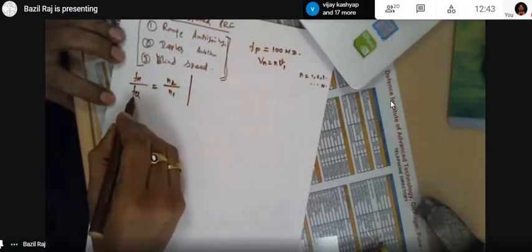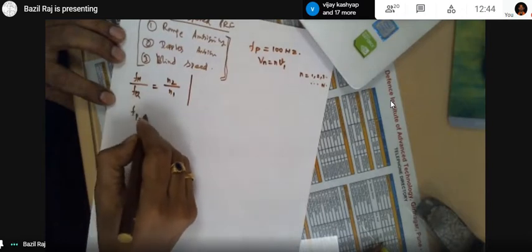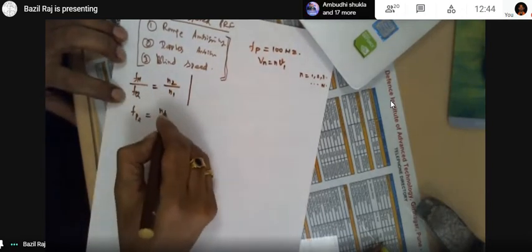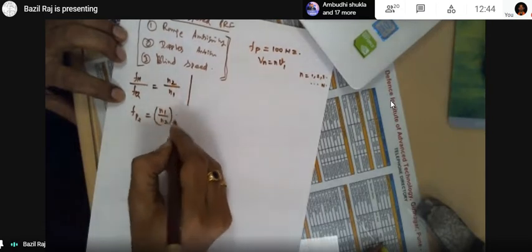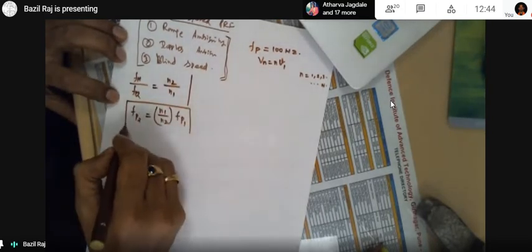From here, FP2 is equal to N1 by N2 into FP1.